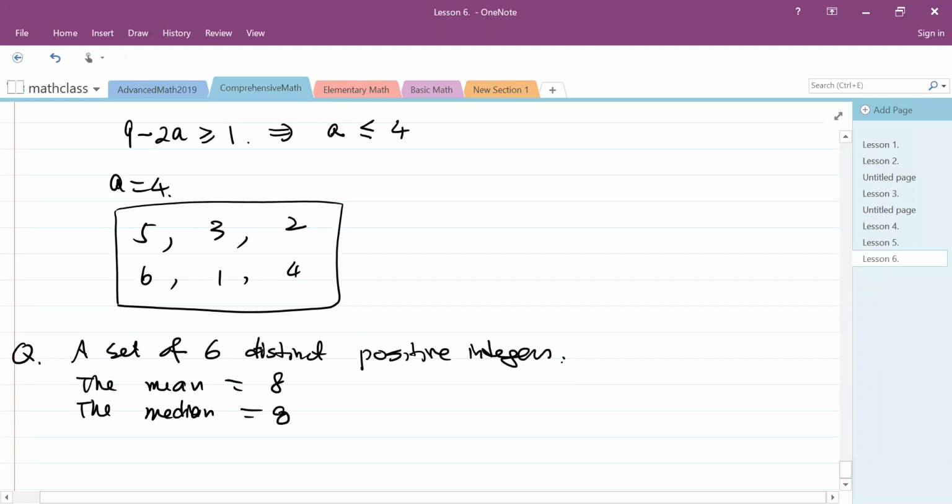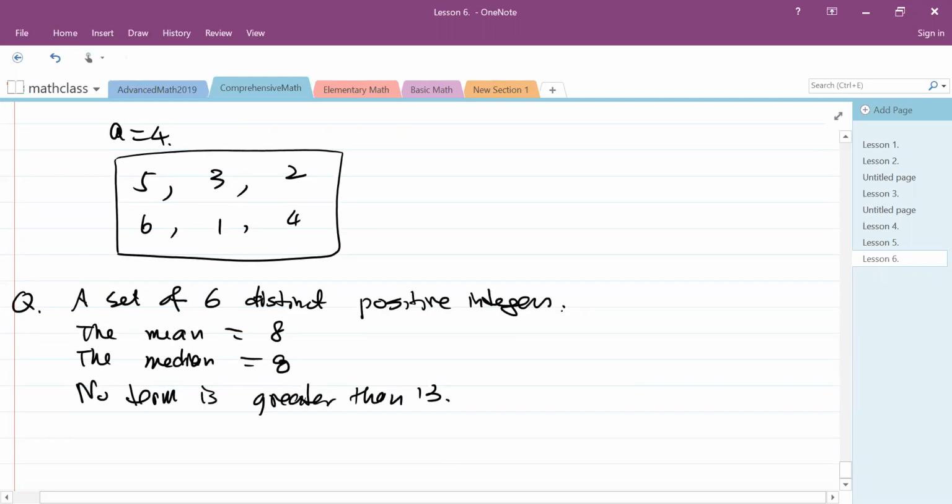So the question is, no terms are greater than 13. And what is the least possible value for any number in this set? So what is the least possible number among the 6, basically?